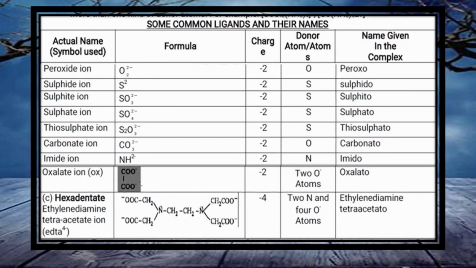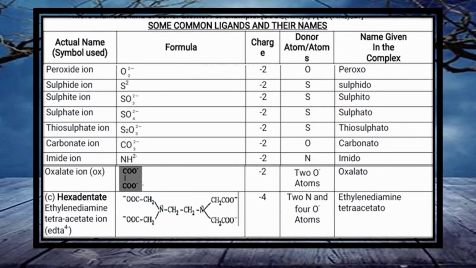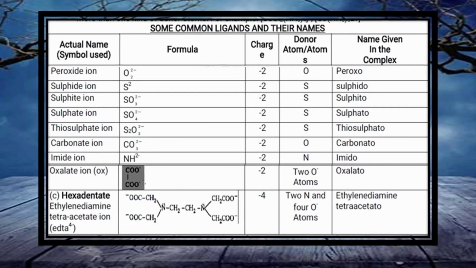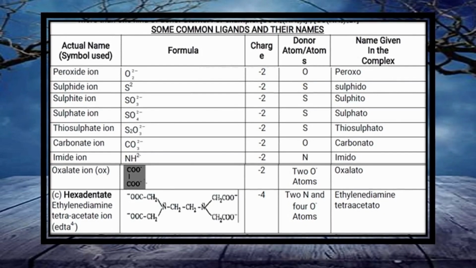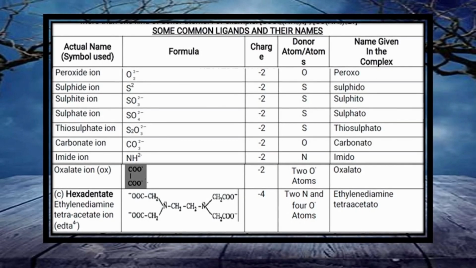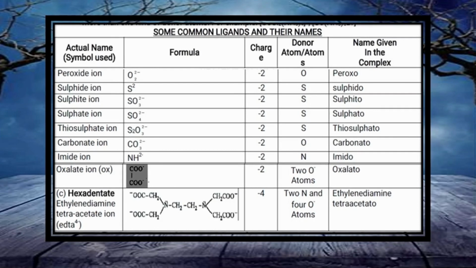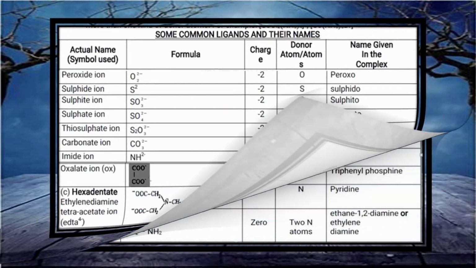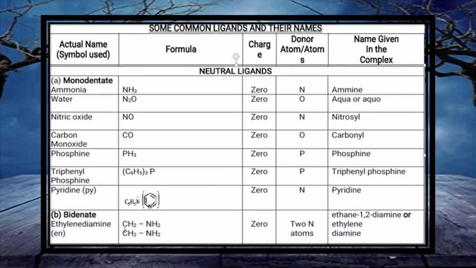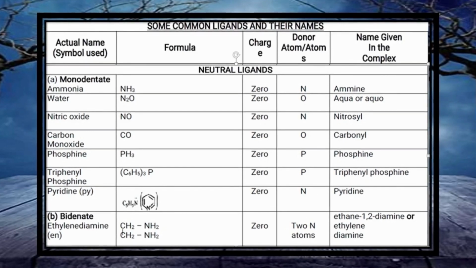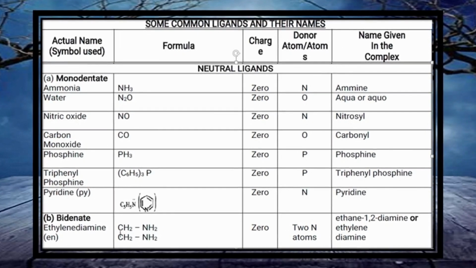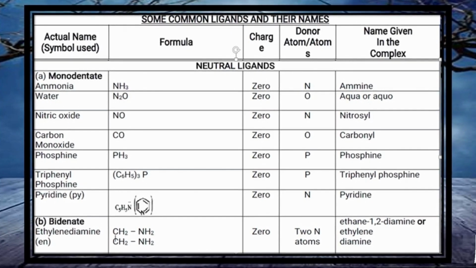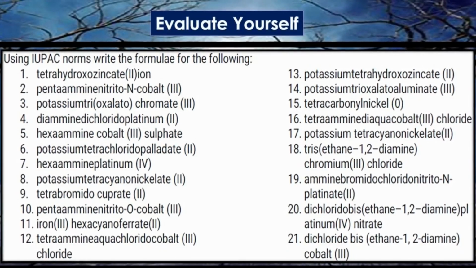So in the tabular column format, I have given the actual name of the anions or the neutral molecules, their symbols, their charge, and which donor atom in that ligand is participating in forming the coordination bond with the central metal atom or ion, and its ligand name. Students, kindly be thorough with this tabular column. Then only you will be in a position to write the name of the coordination compound correctly, as well as write its formula correctly. Now you try to evaluate yourself.